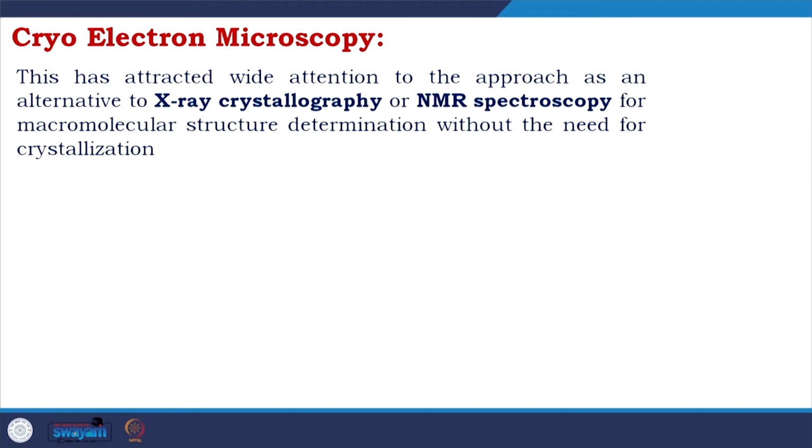Continuing with the information about cryo-electron microscopy, this had attracted wide attention to the approach as an alternative to X-ray crystallography or NMR spectroscopy for macromolecular structure determination, and one of the biggest things is you do not need a crystal.